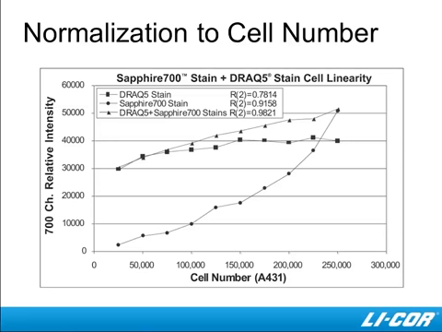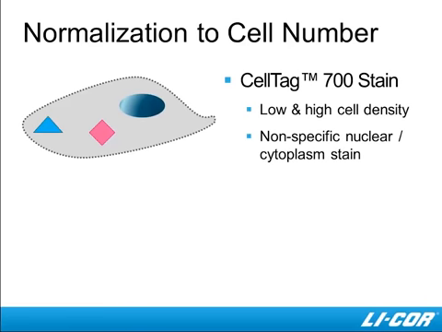This is a one stain solution that works at both the low and high cell densities, and it's a nonspecific nuclear and cytoplasmic stain. So if you use CellTag 700 stain, it gives you linearity and a nice tight fit in this linearity. Again, the benefits here is it's a one stain solution, requires very little optimization, and it's highly affordable for lab purposes.